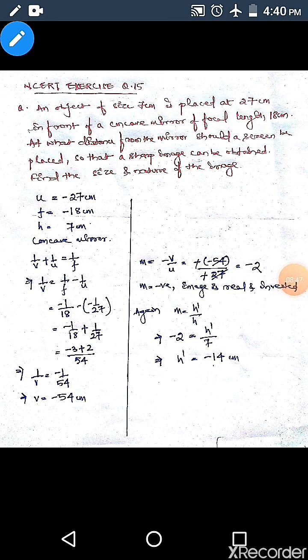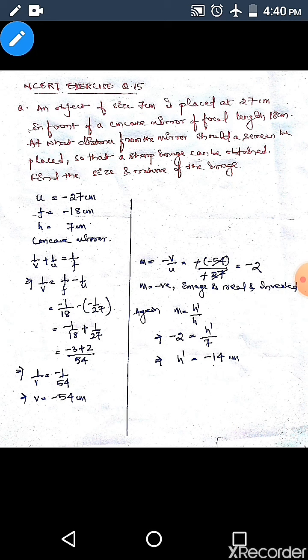Find the size and the nature. As you have already written the data, u equals minus 27 centimeter, f equals minus 18 centimeter, the height of the object is 7 centimeter, and the mirror is a concave mirror.